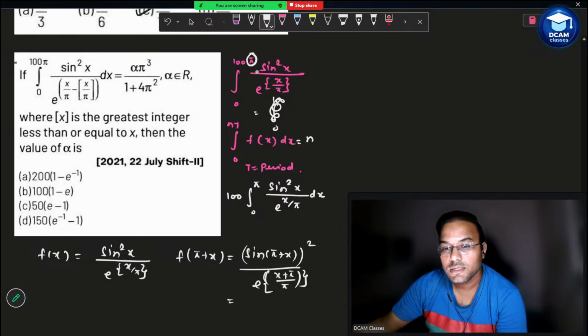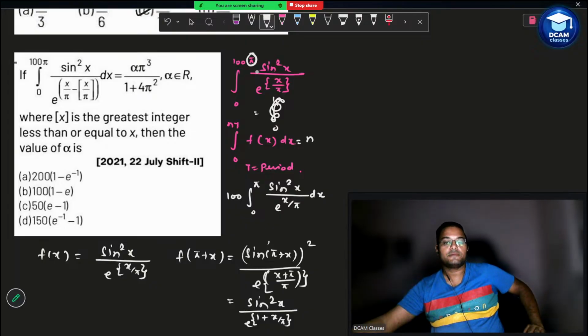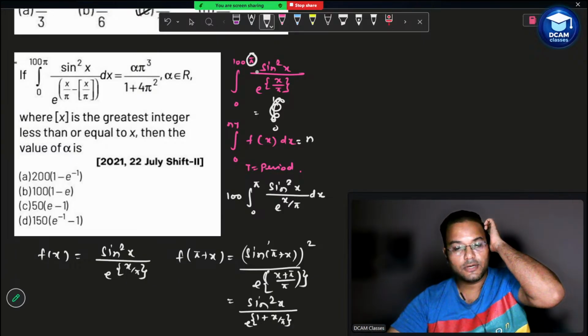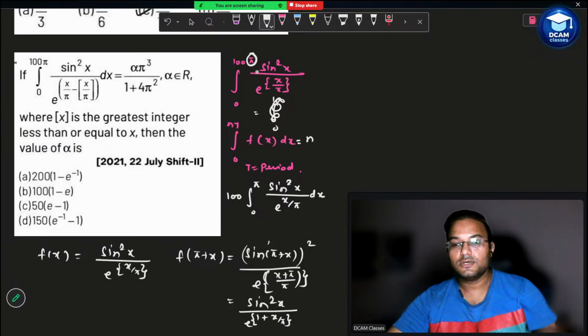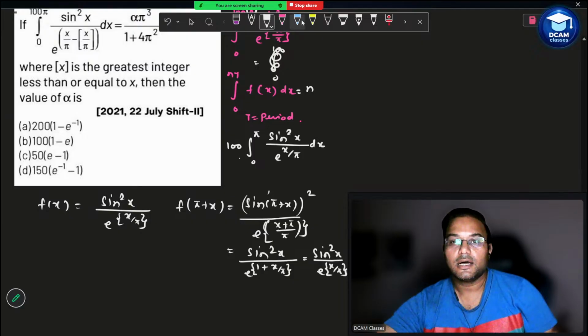So now this is sine square x, and it will be e power 1 plus x by pi. But we need the fractional part of this. The fractional part of 1 plus x by pi would be the fractional part of x by pi, because 1.23, the fractional part is 0.23 only. So I can write it as sine square x divided by e power x by pi, and 100 would come outside. That's why I have written it like this. Now you can solve it after this.